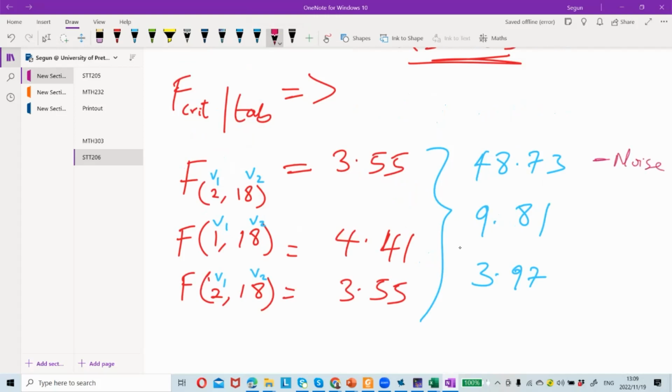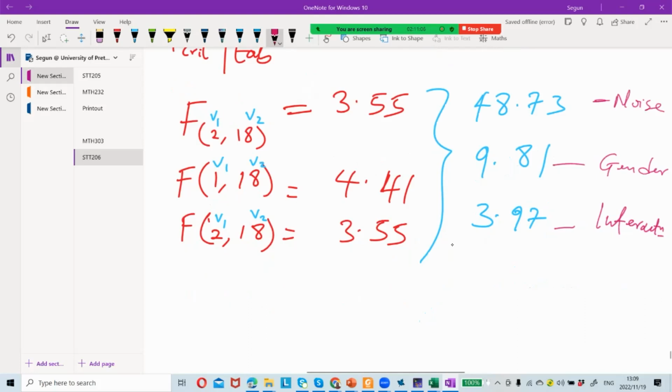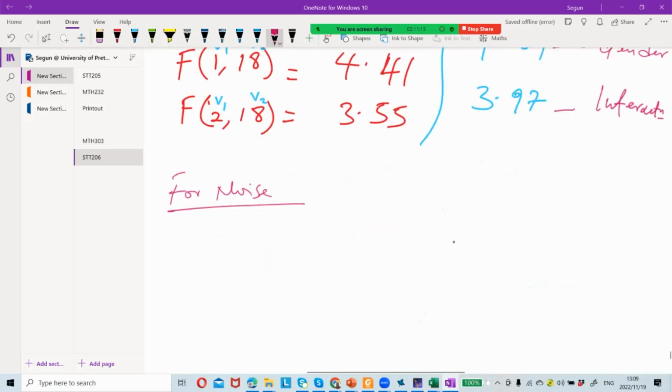Number two is what? Gender. Number three is what? Between, interaction. So what it simply means is, for the noise, we have F calculated is greater than F tabulated.